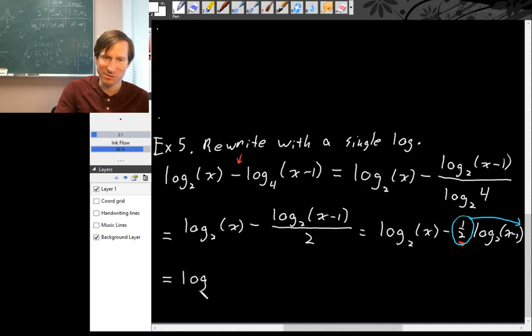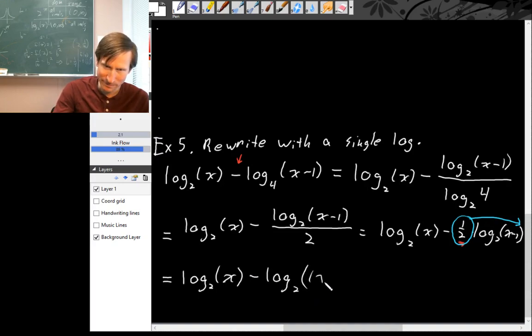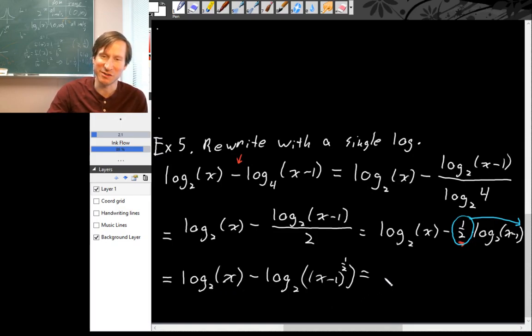So this is log base 2 of x minus log base 2 of x minus 1 to the 1/2. Now finally, we can use the difference to quotient rule for logarithms. This is log base 2 of a quotient.